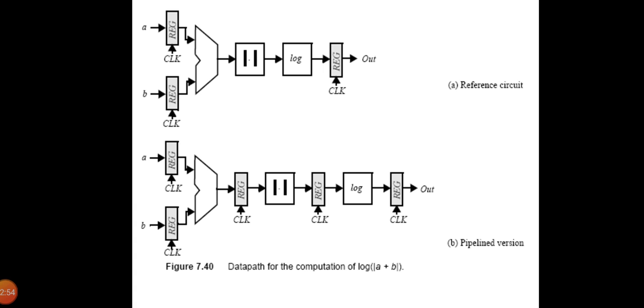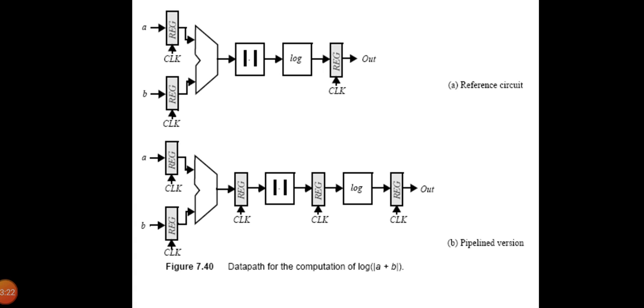And this effectively reduces the value of the minimum allowable clock period, that is T minimum pipe is equal to TCQ plus maximum of TPD add, TPD absolute and TPD logarithmic. That is, the propagation delay of the adder, absolute value and logarithmic blocks has to be taken into account. The maximum value should be taken into account, plus TSU.